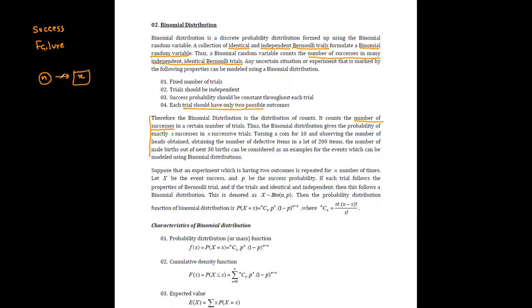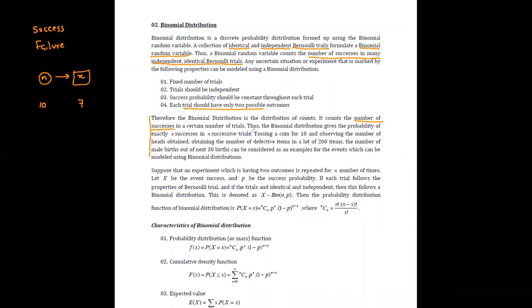Therefore, this binomial distribution gives us the probability of exactly X successes obtained out of N trials. Simply, if you are tossing a coin 10 times and you need to find the probability of getting exactly 7 heads, then you can model it using this binomial distribution.